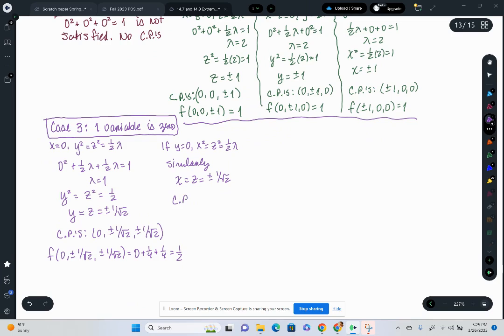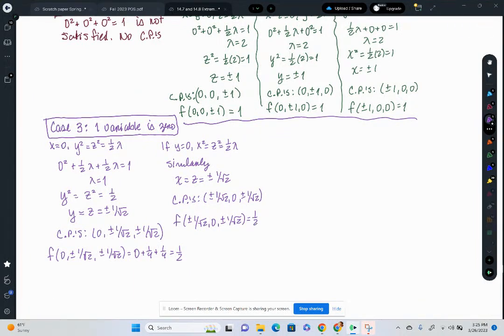So we get critical points of plus or minus 1 over square root 2, 0, and plus or minus 1 over square root 2. And then we're going to get function values for these that are going to be the same as before.